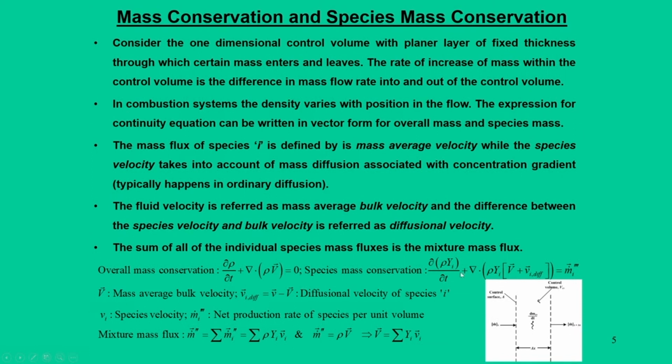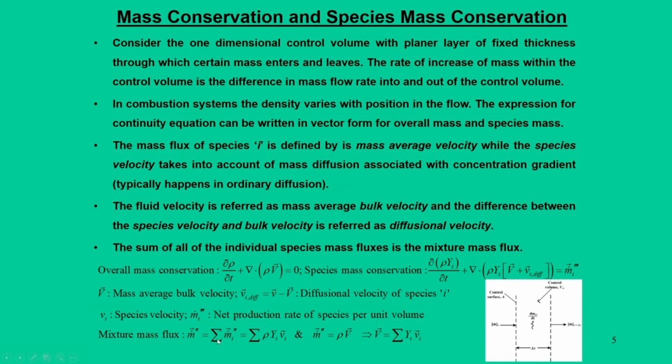In the velocity term, in addition to the velocity vector, we have the diffusion component of species i. But when you talk about species conservation, there is a net production of species, so the right hand side is not 0; it is m dot i triple prime, which is nothing but the net production rate of species per unit volume.